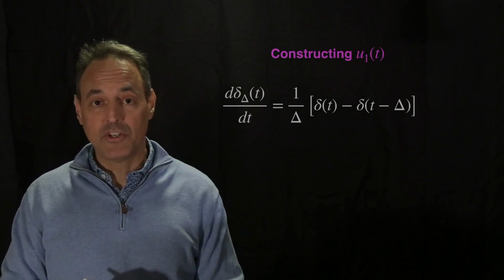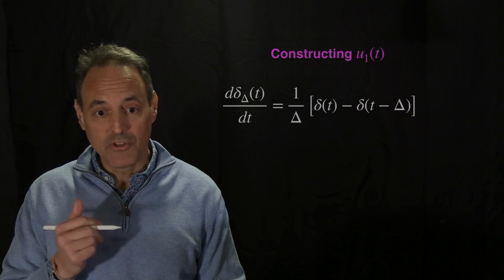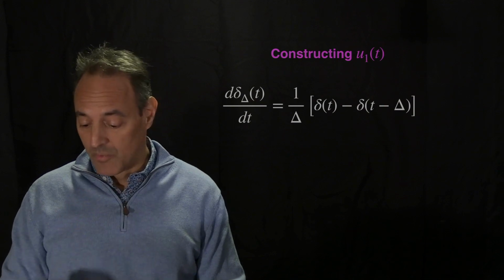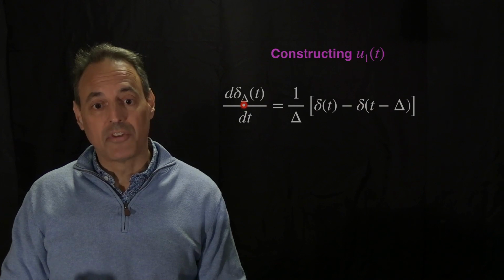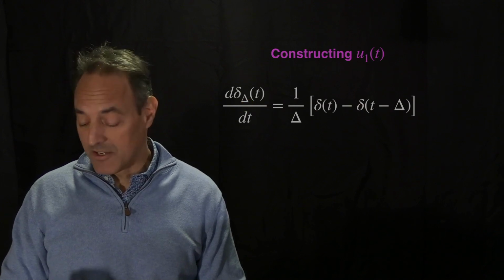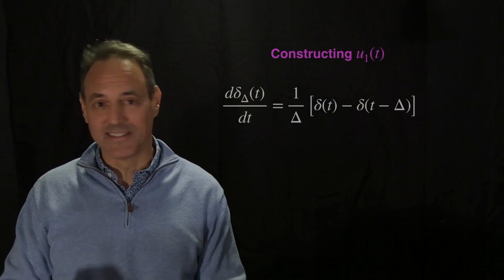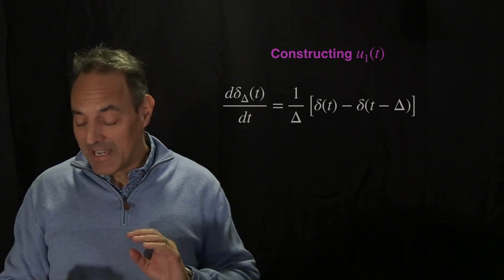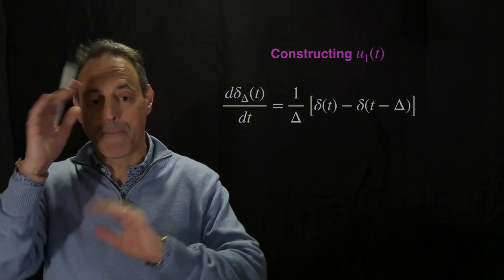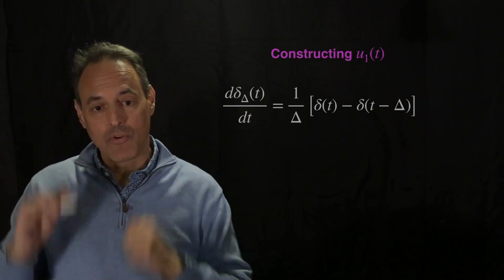Here's one way to do it. There are many definitions of a delta function, so we're going to use the simplest one, which we learned early on. Delta(t), with delta here, is not a sorority; you'd need one more delta for that. This is just two deltas. What we do is take the derivative of a function that is a box of width delta and height 1 over delta.